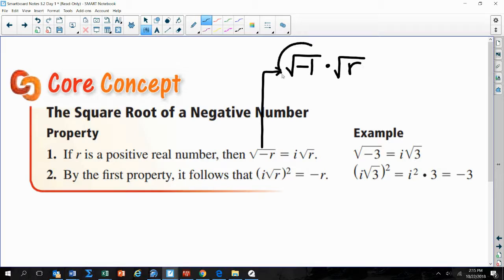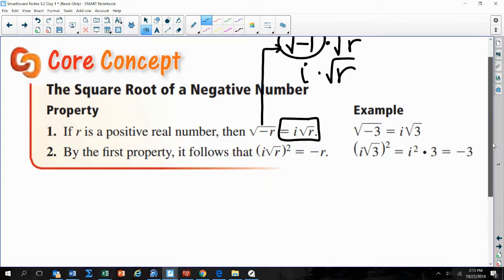What is the square root of negative 1? Madeline, what's the square root of negative 1? It's i. Yeah, exactly. It's i. So we can replace that with i, it's just a substitution, and get i radical r. See how that's what it's equal to? Because it's equal to i square root r? That's exactly what we got.